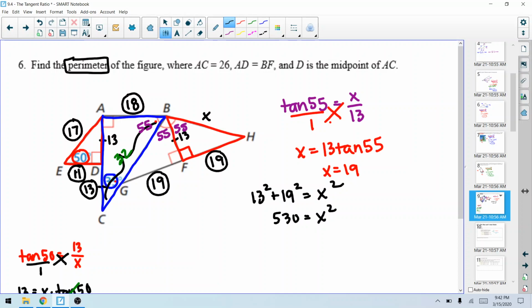And then take the square root of that. 23.02, so 23. So I know right here is going to be 23. Which also means right here is going to be 23, because same hypotenuse.